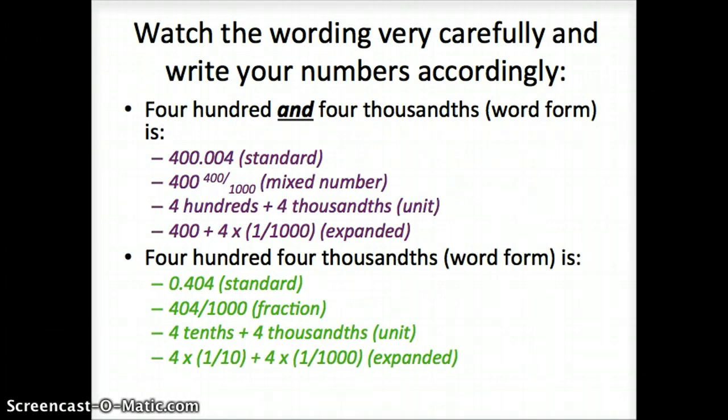It's important to watch the wording very carefully and write your numbers accordingly. 400 and 4 thousandths, in this case word form, is written as 400.004 standard, and 400 and 4/1,000 as a mixed number, 4 hundreds plus 4 thousandths in unit form, and 400 plus 4 times 1/1,000 as expanded.